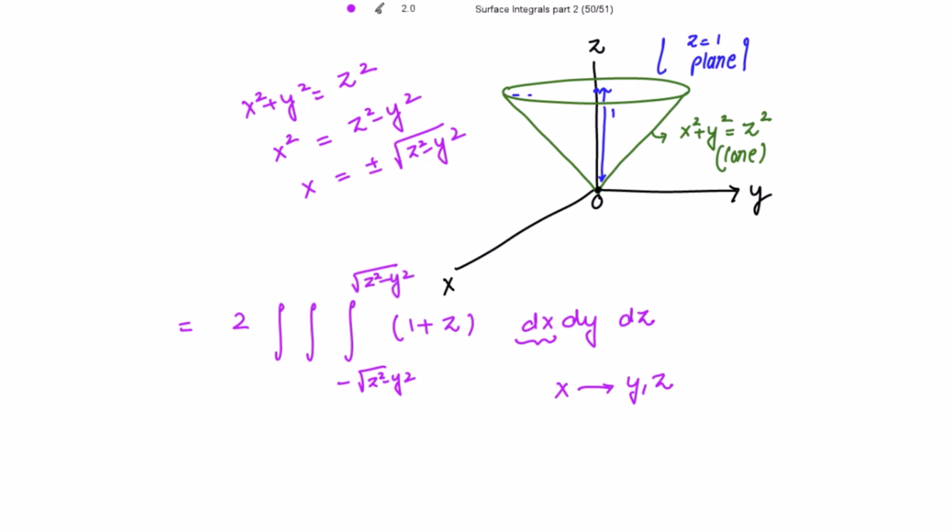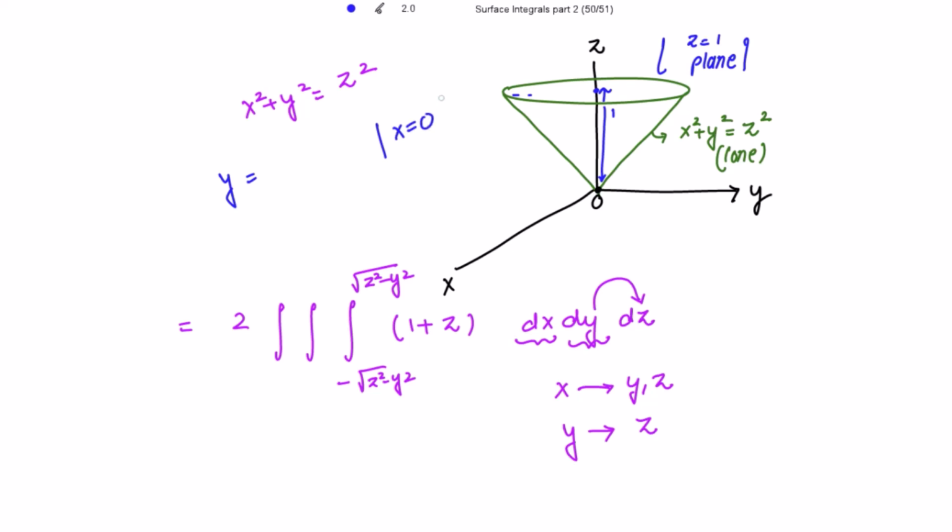Now to write the limits of y, y must depend upon z, so we write the limits of y in terms of z. To get the limits of y, we take x equal to 0 in this cone. So we get y² equal to z², and from here y equals plus or minus z. So the limits of y are negative z to positive z.